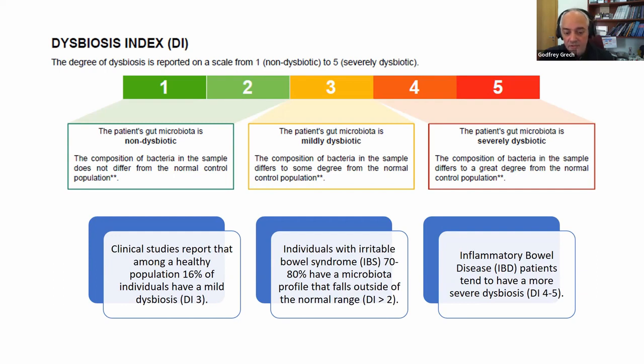Then we have individuals with irritable bowel syndrome. This is actually the syndrome that we will discuss today in terms of microbiota and health. And in irritable bowel syndrome, IBS, 70 to 80% actually have a profile which is higher than 3. Now, ideally, to prevent, it is in the region of 3, so that you can actually restore it quickly.